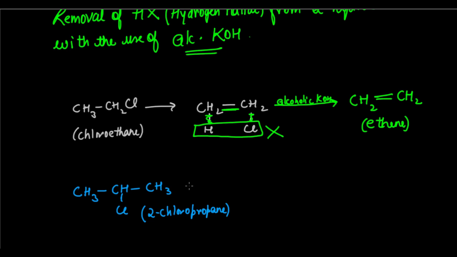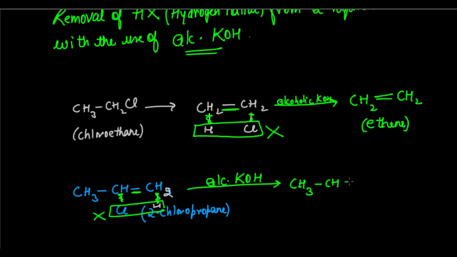This again reacts with alcoholic KOH, and if this is carbon 2, to the neighboring carbon we attach a hydrogen, then as I told you, this HCl will be removed. The HCl is going to go, and ultimately these bonds will break, and to complete the octet, another bond will form. So again, what will we get? CH3, CH, and then double bond CH2, which is propene.